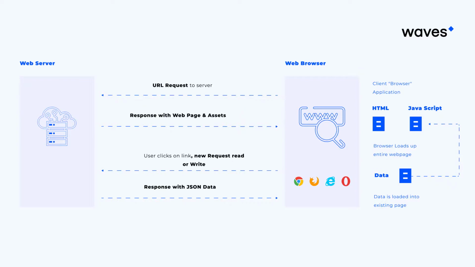The server processes the request and returns as a response HTML, XML, or JSON data. The JavaScript code in a browser uses this data to change the client's application state and view.